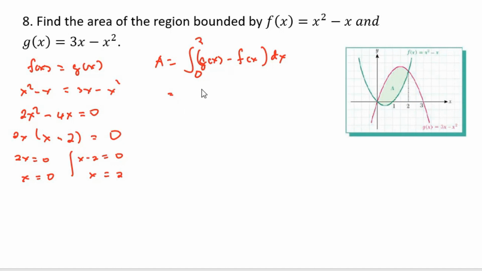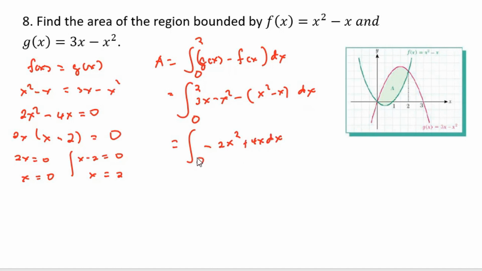So by substitution, we have the integral of g of x, which is 3x minus x squared, minus f of x, which is x squared minus x, dx, whose interval is from 0 to 2. Now, by simplifying the integrand, it will give us the negative of 2x squared plus 4x dx from 0 to positive 2.